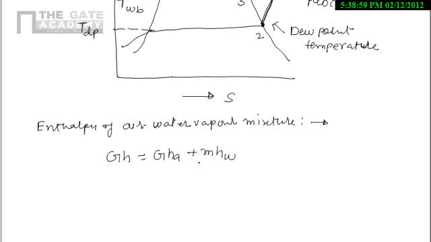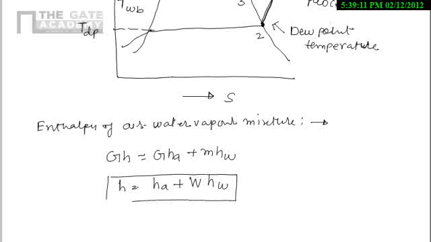So we can also write H equals H_A plus W H_W. This is the formula for the enthalpy of the mixture.